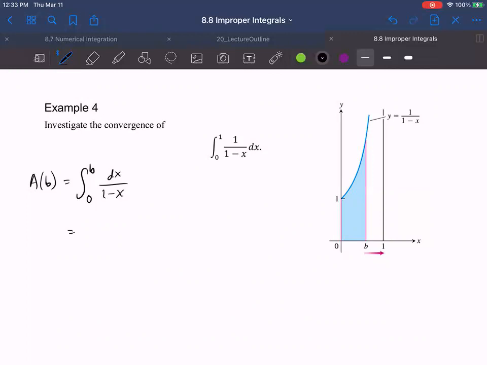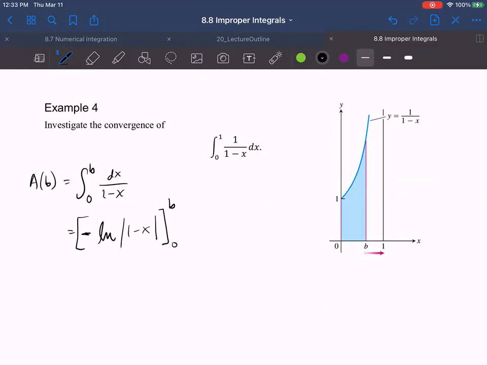Because if we do the u substitution, we're going to end up with a negative 1 being added on, because it'll be u equals 1 minus x, and then du is just negative 1, so du equals negative dx. So then we get negative, don't forget that negative, ln of 1 minus x, and we're evaluating that from 0 to b.